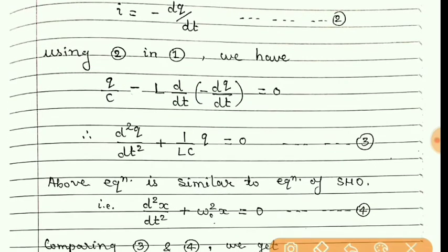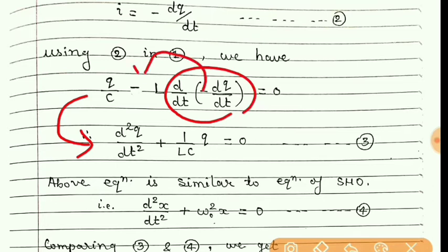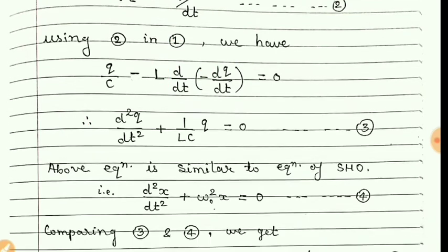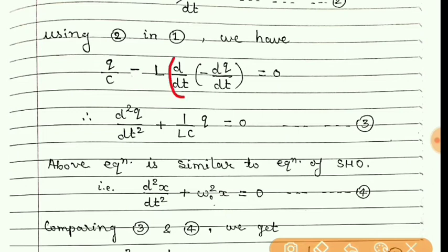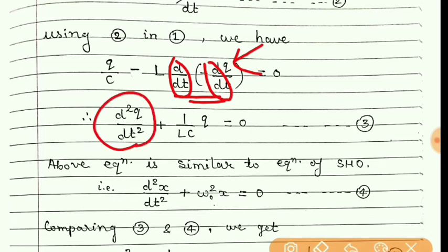So now students, after simplifying this, we will get this equation. You can see for this negative sign and this negative sign, minus into minus will become plus. Then d by dt here also, d by dt here also. So it is a double derivative of q. So we get second order differentiation of q.